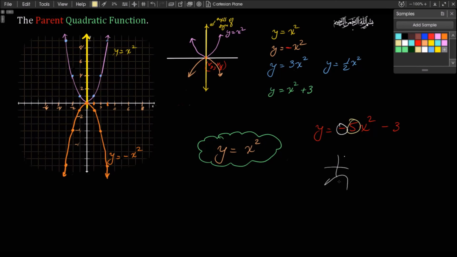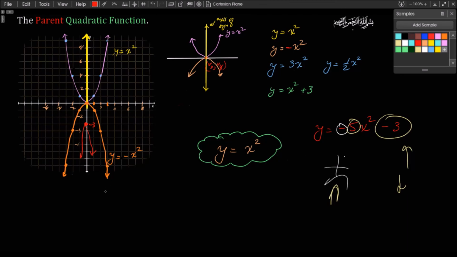It's going to be skinnier than the parent graph. And this -3 means instead of it going up 3 units, it's going to go down 3 units. So this graph, compared to the parent graph, is going to start out over here at -3, and it's going to be skinnier than the parent graph like this.